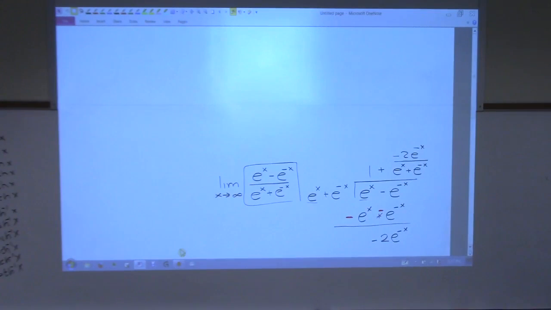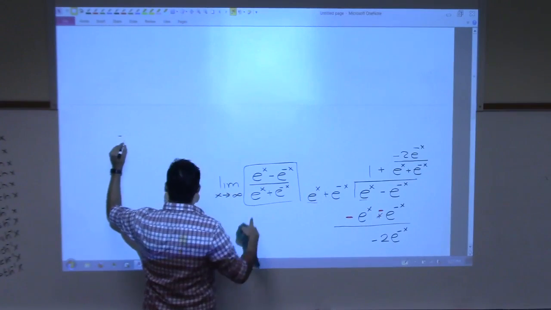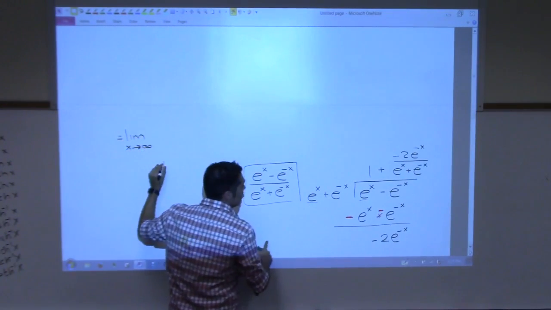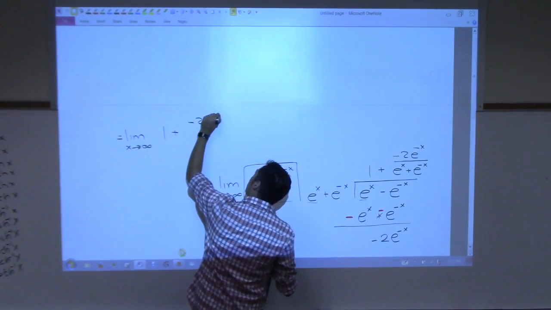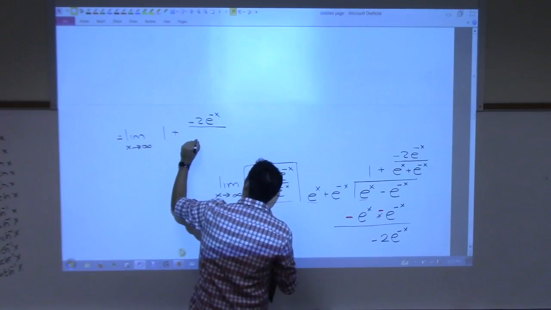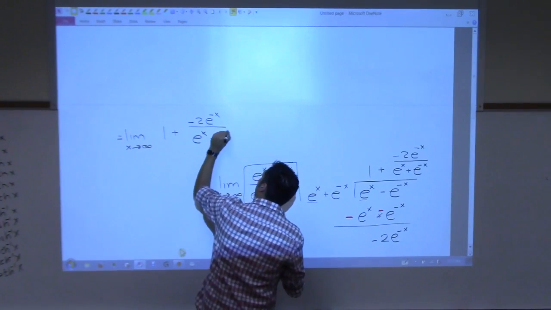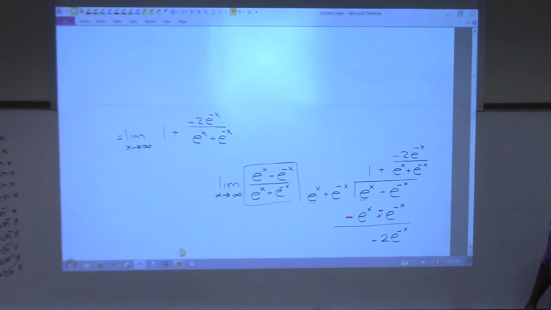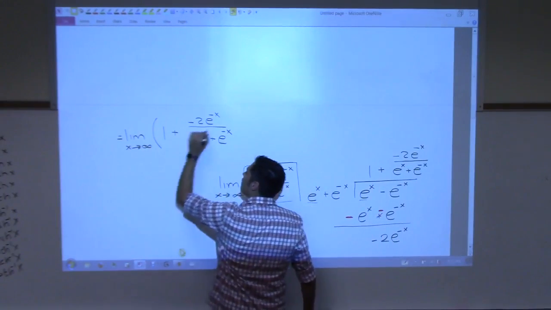And so when I'm taking a limit now, this limit right here is equal to the limit as x goes to infinity of 1 plus negative 2 e to the negative x over e to the x plus e to the negative x, right? That's the same thing. I should put this in parentheses to be correct here.